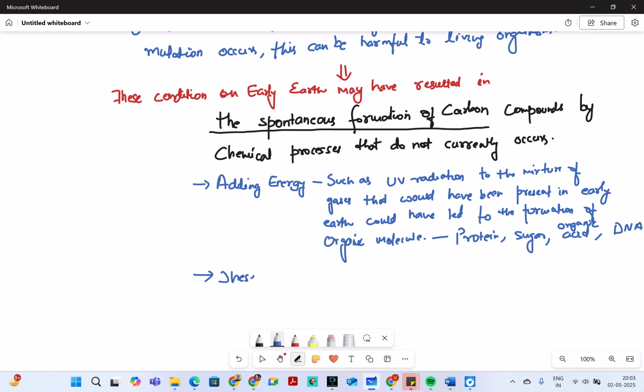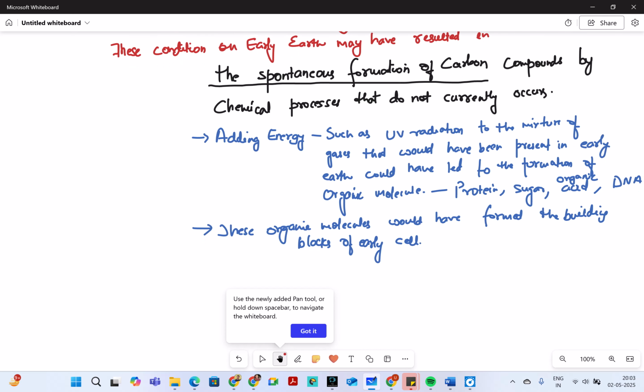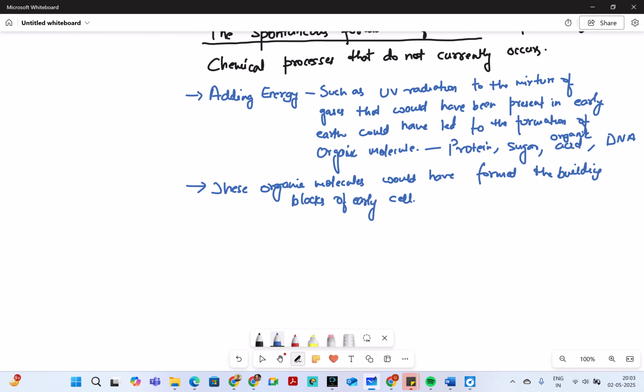So you can say that these organic molecules would have formed the building blocks of early cells. So on early earth, the early cells were also formed, right?